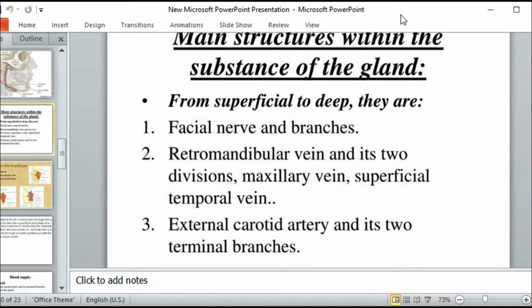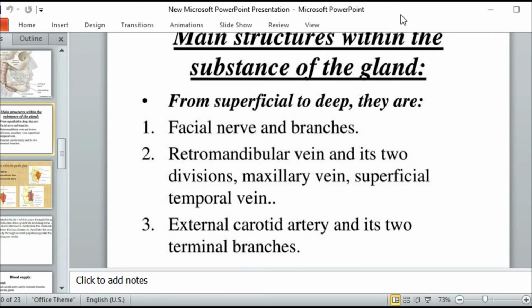It's very important to be conservative, more sensitive during the operations around the parotid gland. Why? Because we have many structures that passing through the parotid gland. From the superficial to the deep, first we have the facial nerve and its branch.